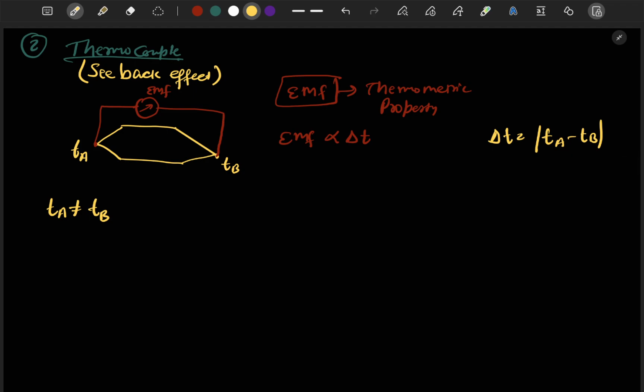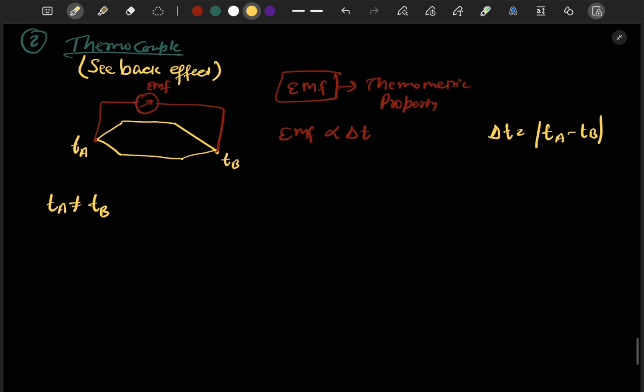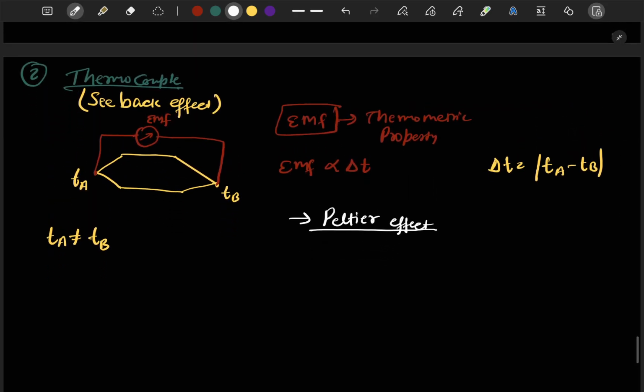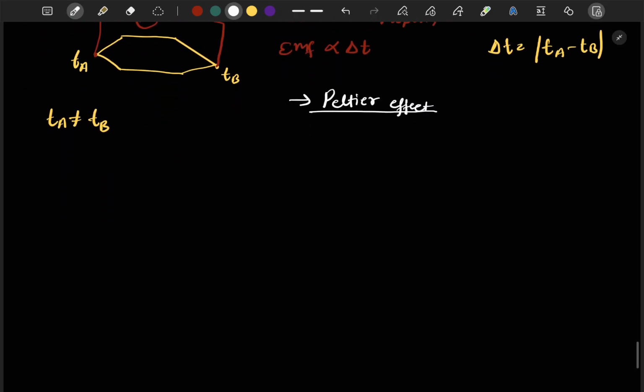Similar to the Seebeck effect, there is another effect which you should have studied, the Peltier effect. The Peltier effect is opposite to the Seebeck effect. In the Seebeck effect, if there is a temperature difference, there will be EMF generation. But in the Peltier effect, if an EMF or voltage is applied across two points, there will be a temperature difference.